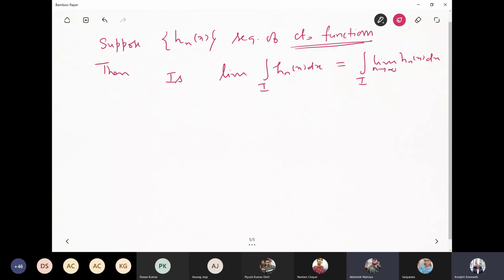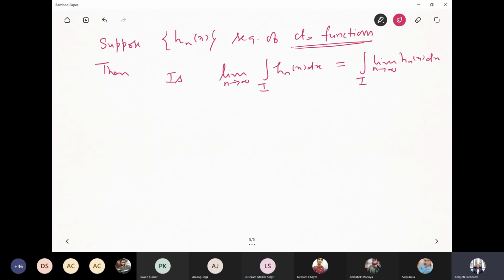Over the continuous function is true. Yes, continuous functions. For all the continuous functions, it is true. Okay. Yes. Any other? Uniform convergence is required.